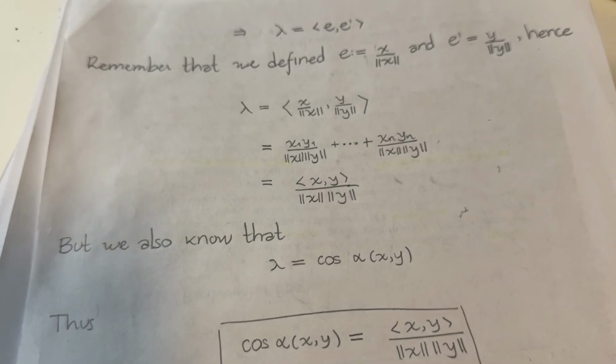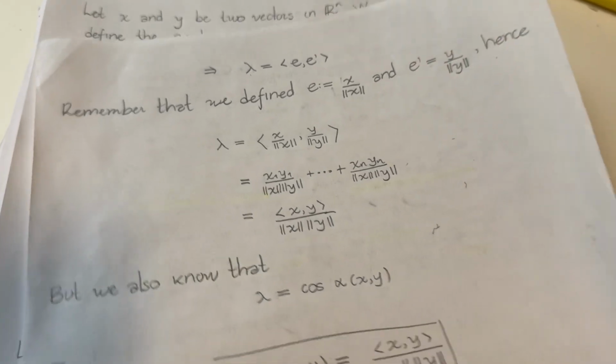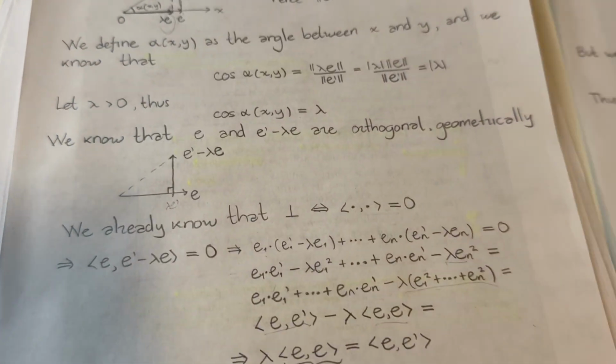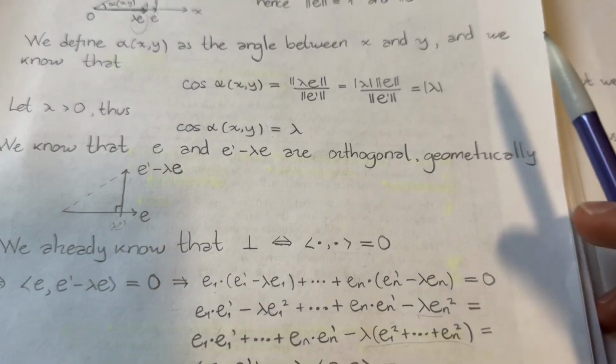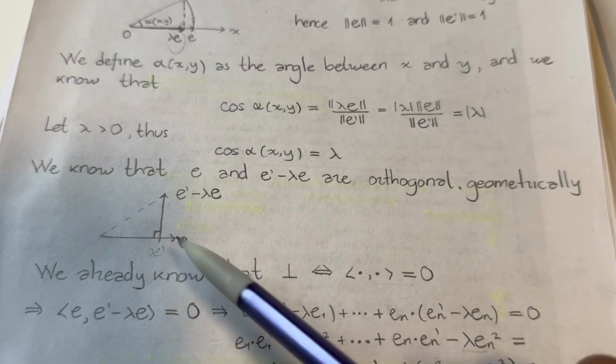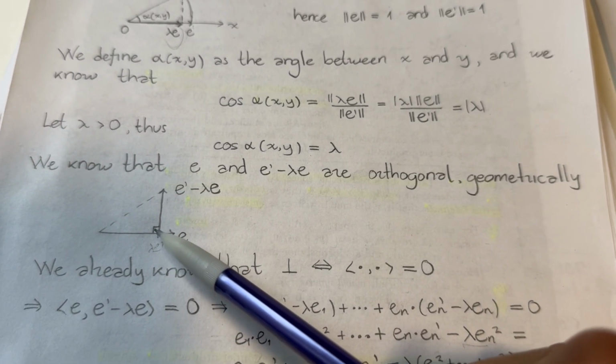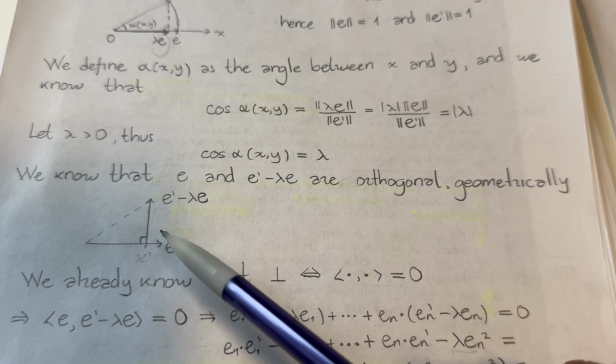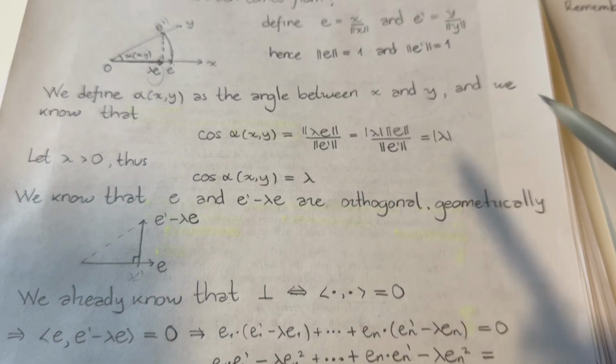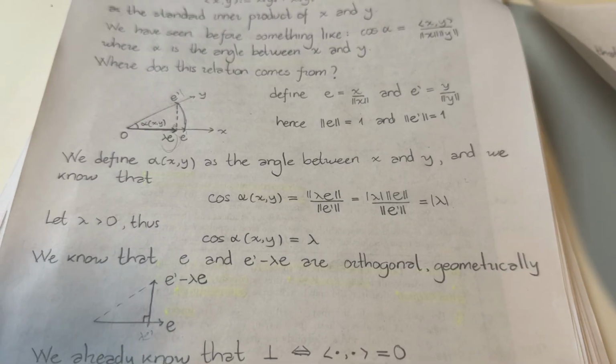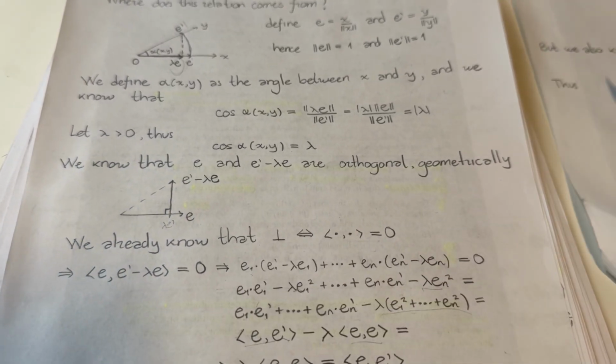So I think it's a good construction to understand why the geometric meaning of orthogonality is related to the cosine of the angle and the inner product. And I think that's all I wanted to show.